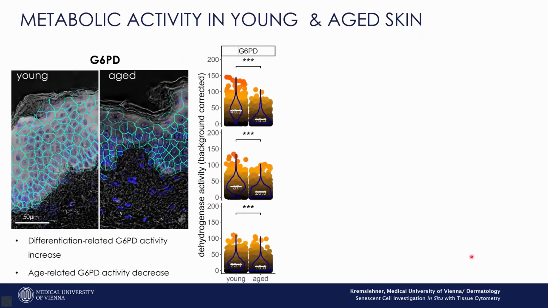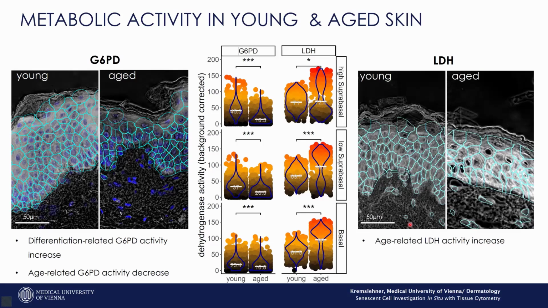So when investigating the activity of G6PD, we saw an increase of enzyme activity with differentiation, but also an age-related decrease of G6PD activity. On the other hand, when we looked at the activity of LDH, lactate dehydrogenase, we saw an age-dependent increase of activity.